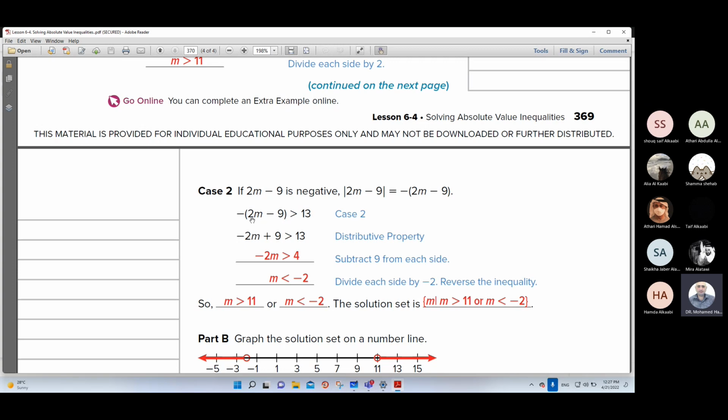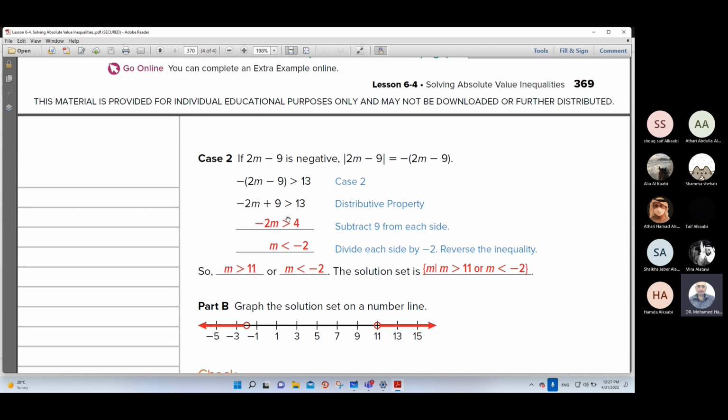To solve this inequality, distribute the minus to all terms inside the parentheses. Minus times 2m will be negative 2m, minus times minus 9 will be positive 9, greater than 13. To solve this inequality, try to remove 9, subtract 9 from the two sides. You will get minus 2m greater than 4.